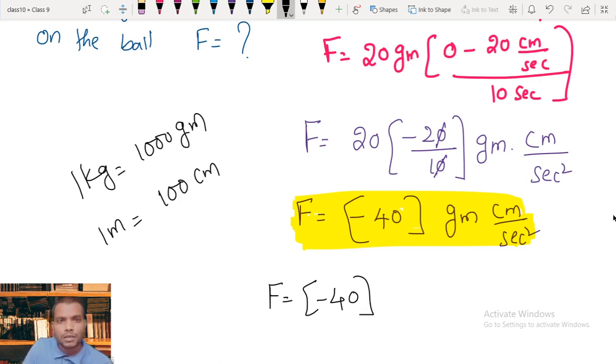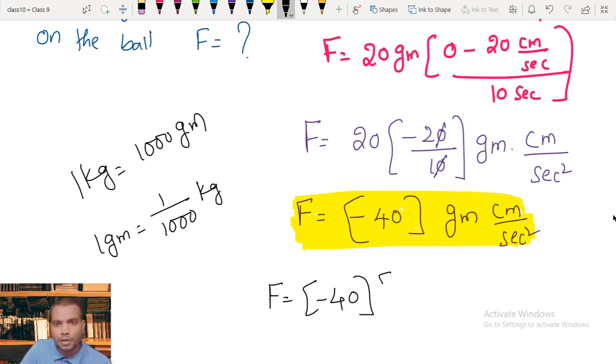Minus 40 in the place of gram. If 1 kg equals 1000 grams, then 1 gram equals how many kgs? We can write 1 gram equals 1 by 1000 kg. So in the place of 1 gram, I can substitute 1 upon 1000 kg.